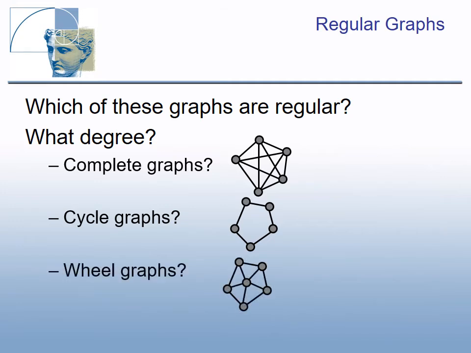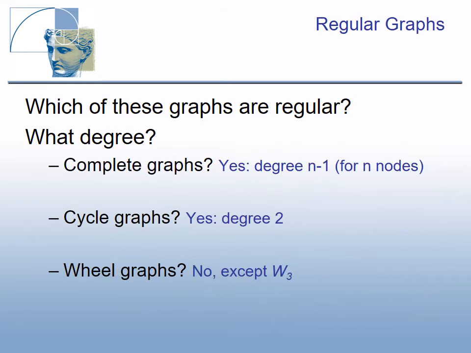And wheel graphs finally. I'll give you a few seconds to think. Let's look at the answers now. Complete graphs, K sub n, are n-1 regular. Cycle graphs are 2 regular. And all wheel graphs are not regular except the W sub 3.